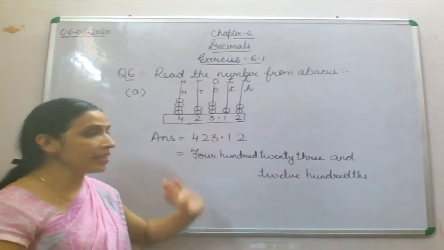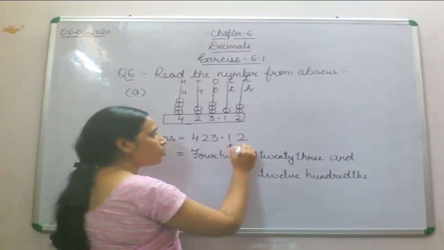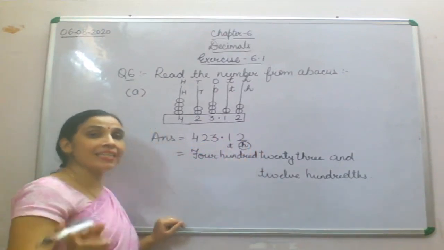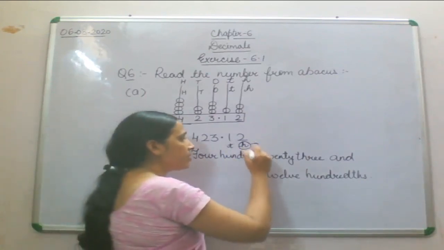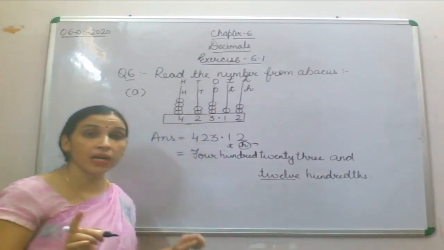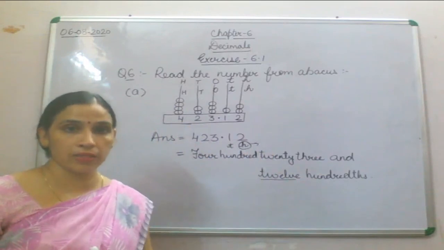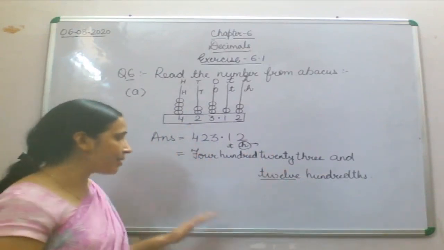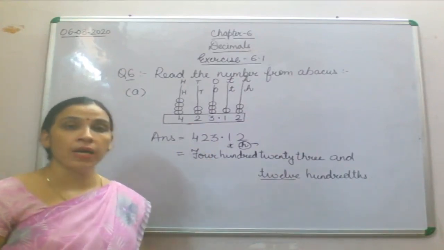But the only thing you have to see is that after the decimal you have tenths and hundredths. Whichever is the greatest decimal place, like here we have hundredths, we will write it like 12 hundredths. We are not going to mention 1 tenth and 2 hundredths. No, we are going to write it as 12 hundredths. So that will become 423 and 12 hundredths.